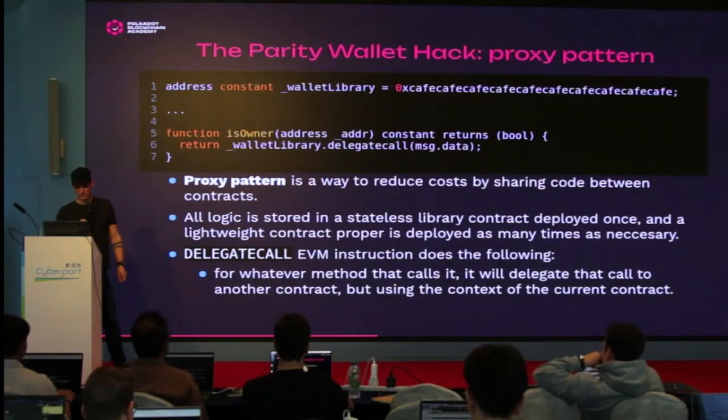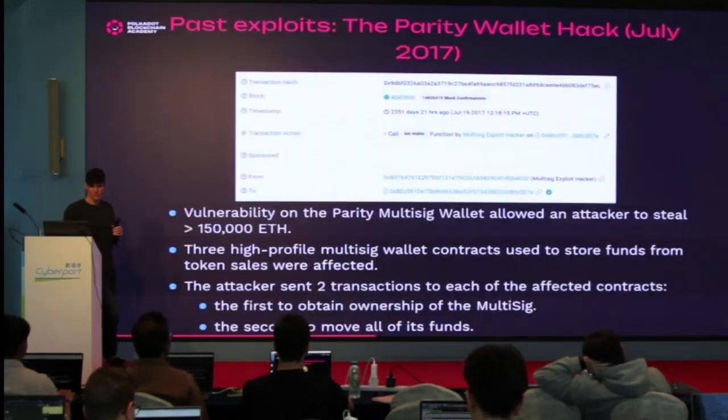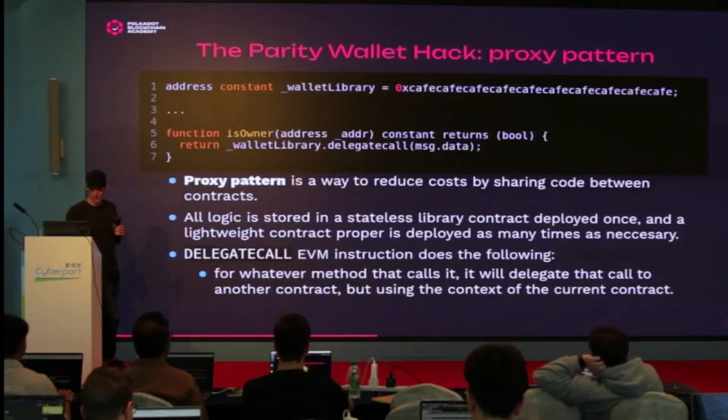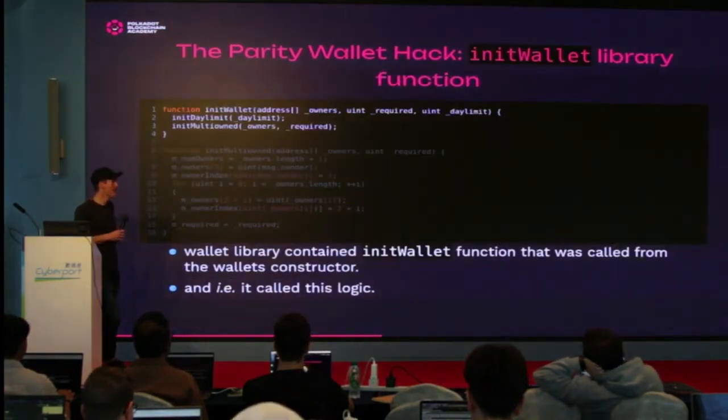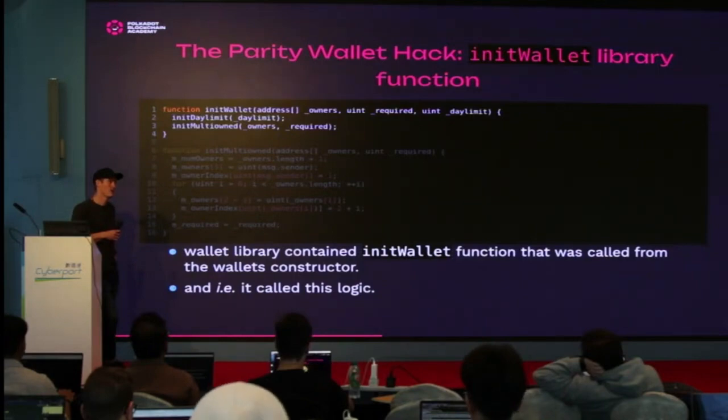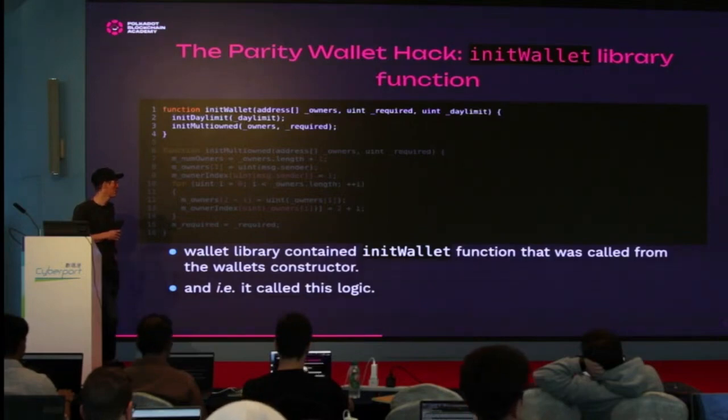Question? Yeah. My question is on the initializing of the wallet. If you just pass the data and then the delegate call just inits the wallet and he can set the parameters, how did he actually drain the money? Because if you initialize a new wallet, it means even the storage is new, right?